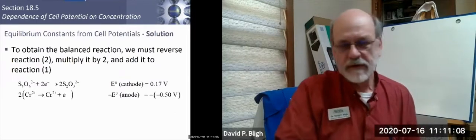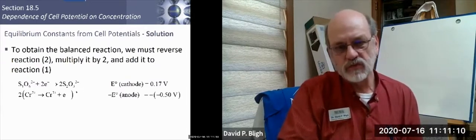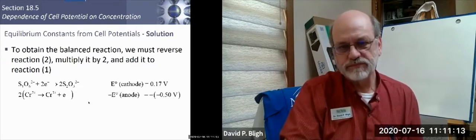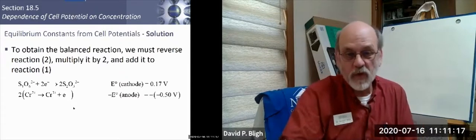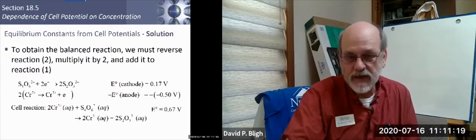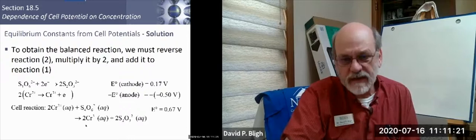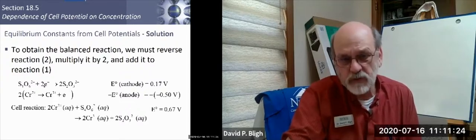Okay, so we're going to convert this one into a form where we can add them together. Right, so now we add them together, and we know that in this process, we transfer 2 moles of electrons.